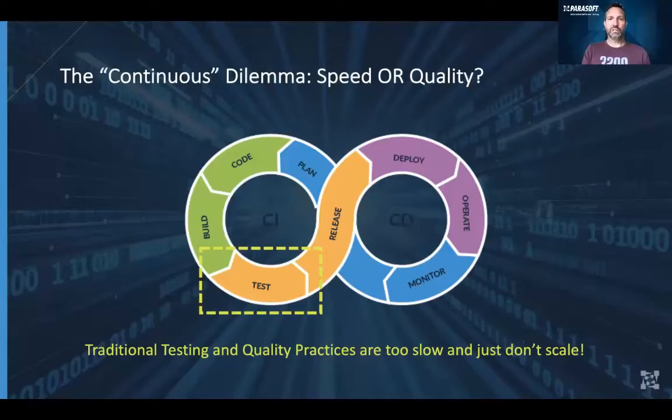If you notice in this sort of infinite loop of CI/CD or DevOps or continuous software delivery, right? Testing is still just a box. And most organizations, because quality and quality practices aren't their top priority, it gets relegated to a box, and they think about it as, oh, something we do after we do a build.